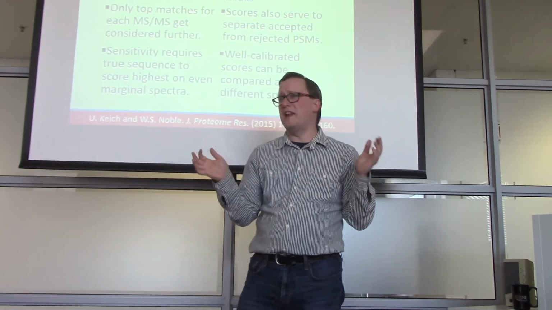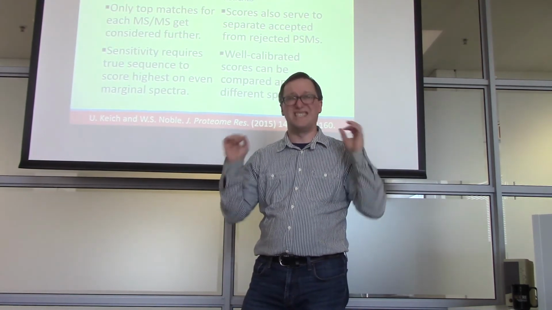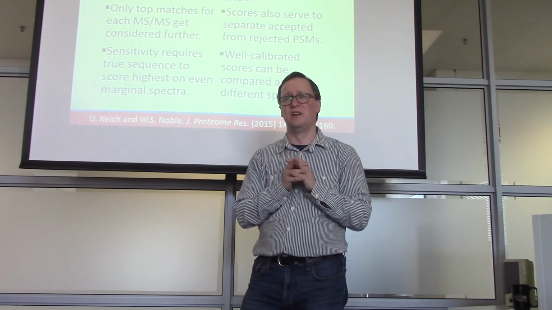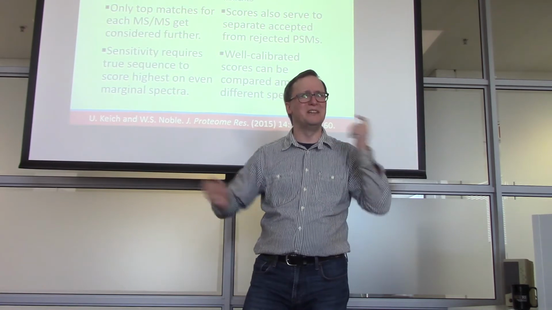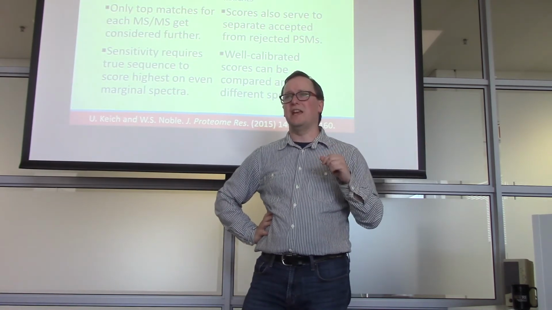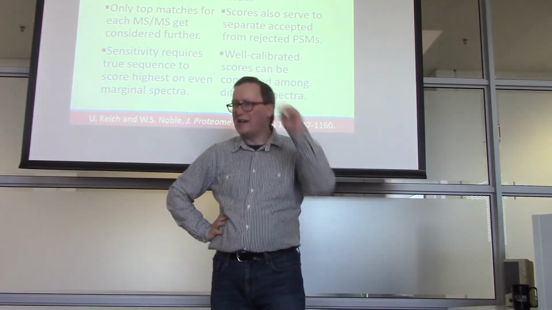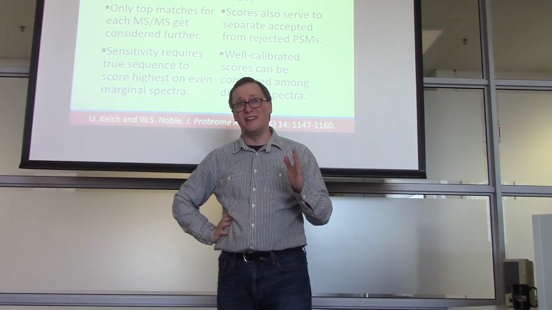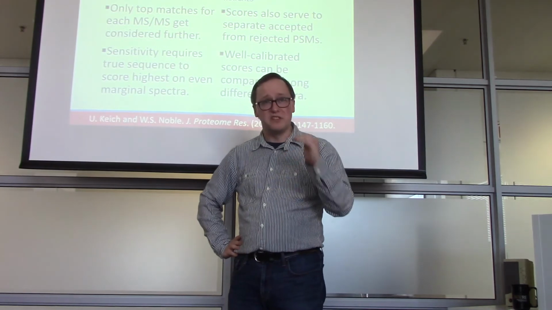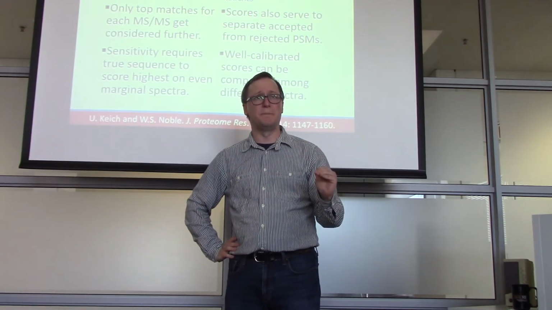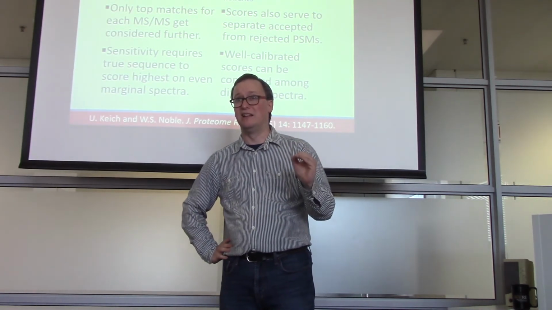Even a relatively bad instrument these days can generate 10,000 tandem mass spectra in an hour-long experiment. 10,000 tandem mass spectra, right? You would like to be able to say, from these 10,000 spectra, I got 10,000 peptides. But the reality is that if you identify 50% of the spectra you collect in a proteomics experiment, you're doing really well.